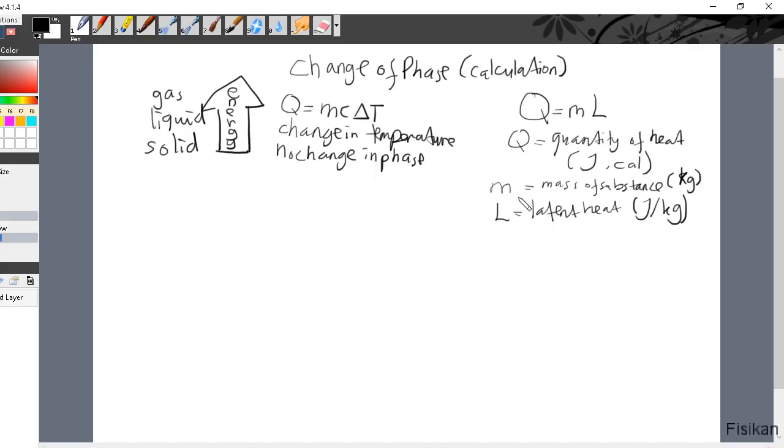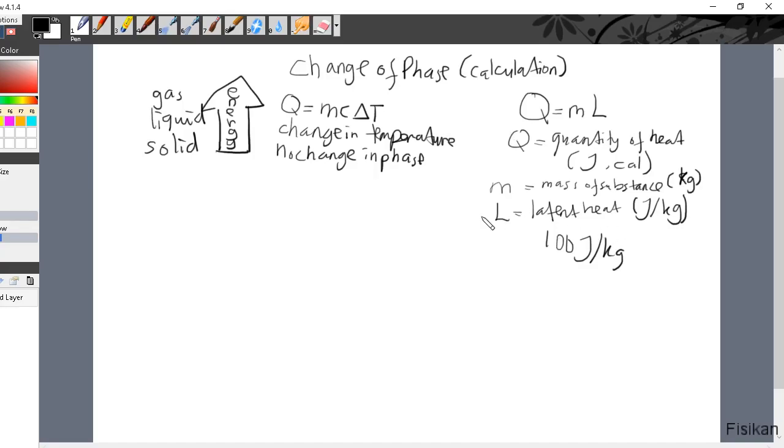So 100 joule per kilogram for a substance A means that you need to give 100 joule to substance A that has 1 kilogram of mass to change into another phase. If you give it, it will change into a higher energy phase. If you release it, it will change into a lower energy phase. So that is the meaning of latent heat.